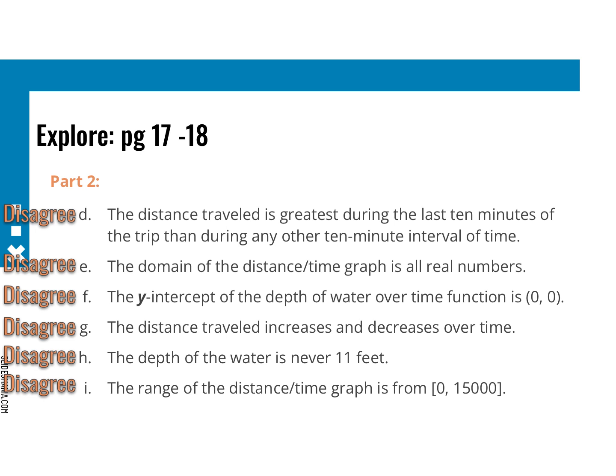So that's why I disagreed with that. And then the range of the distance over time graph is from 0 to 15,000. The range, we said it was 16,000. So right now I'm going to say no, I disagree because of how the graph is actually set up. So these are our answers, and make sure you copy them down.